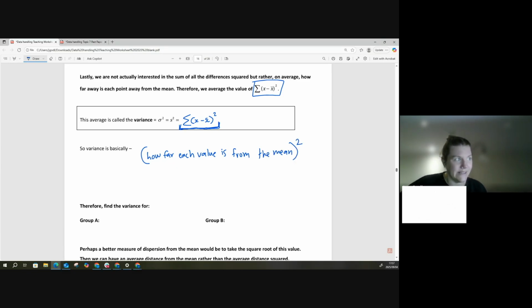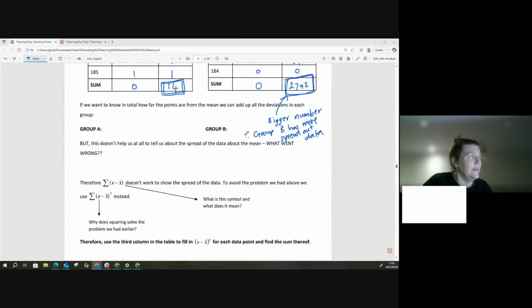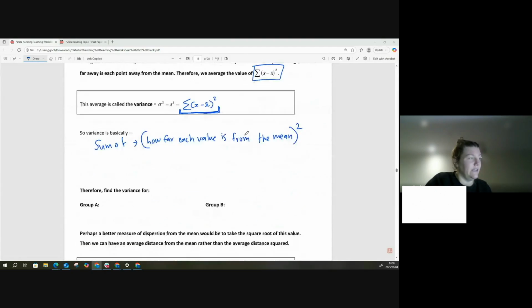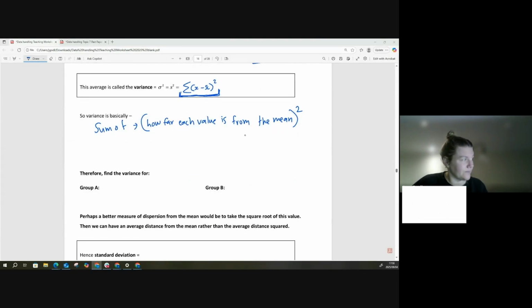That's all variance is. Variance is how far each value is away from the mean squared, and then the sum of that. That's it. That's all variance is. So the two values that we've just worked out for group A and group B, 14 and 2792, are our variances for the two different data sets.